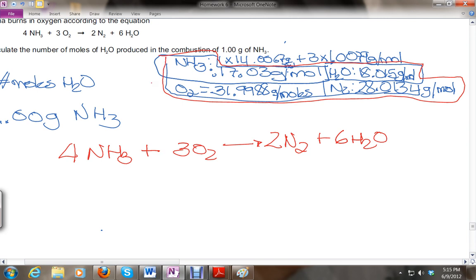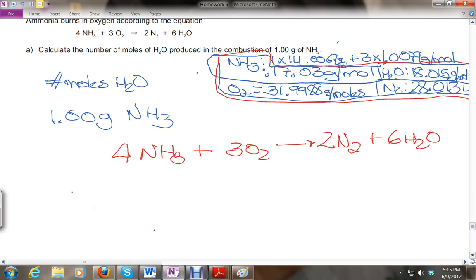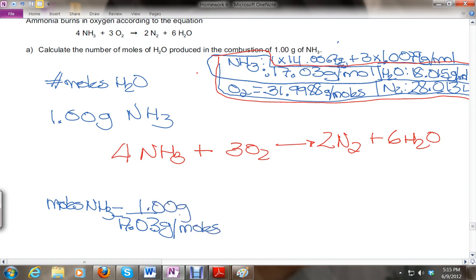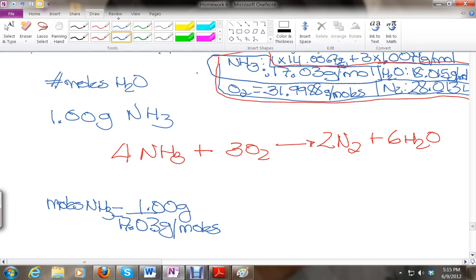Okay, so now we got 1 gram of ammonia. Calculate the number of moles of water that it's going to produce in the combustion of one. So let's now immediately calculate the moles of ammonia. We were doing everything with moles until now. Now we're starting to work with grams, but immediately we have to convert it to moles again. 17.03 grams per mole, and this is 1.00 grams.